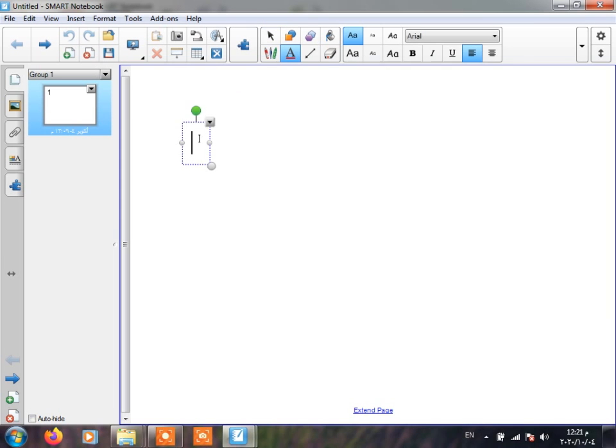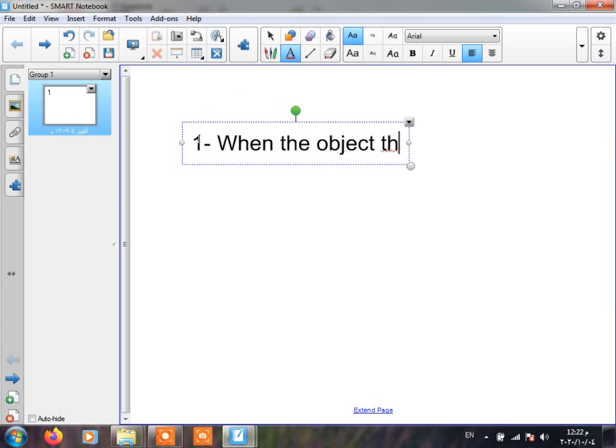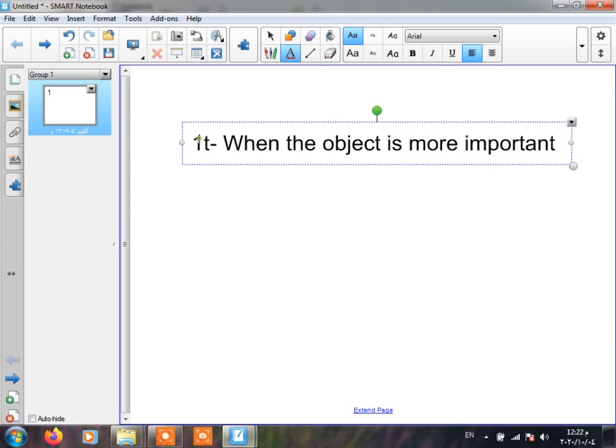The passive is used for three things. The first thing is when the object is more important than the subject.